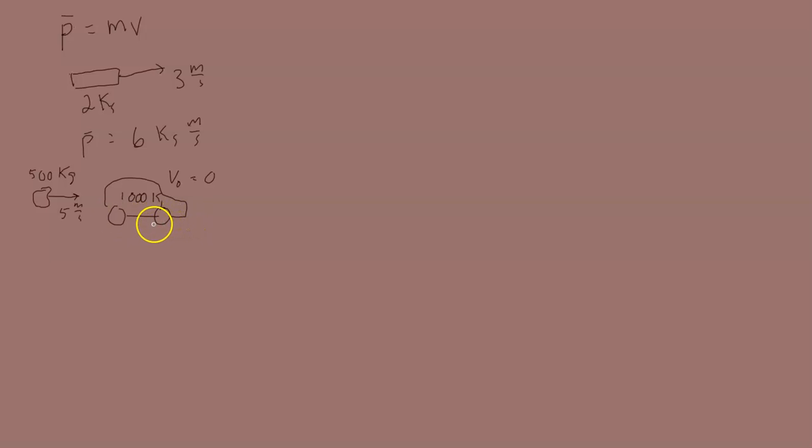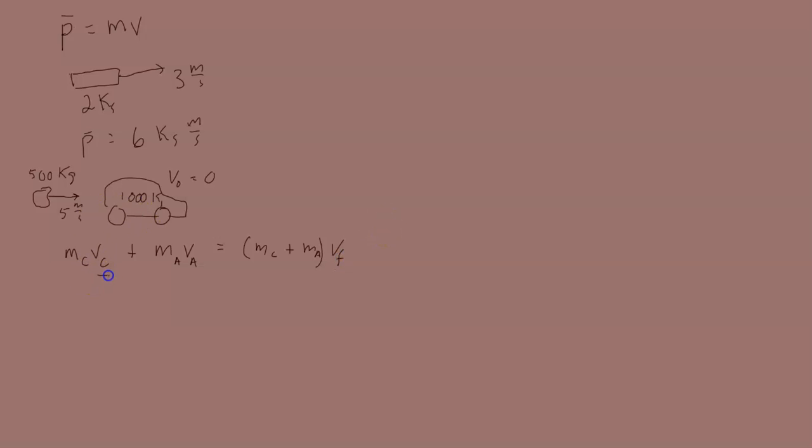So the mass of the clay times the velocity of the clay plus the mass of the automobile times the velocity of the automobile is equal to the mass of the clay plus the mass of the automobile times the final velocity.